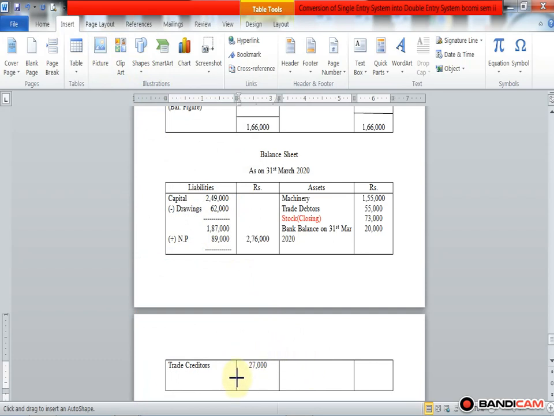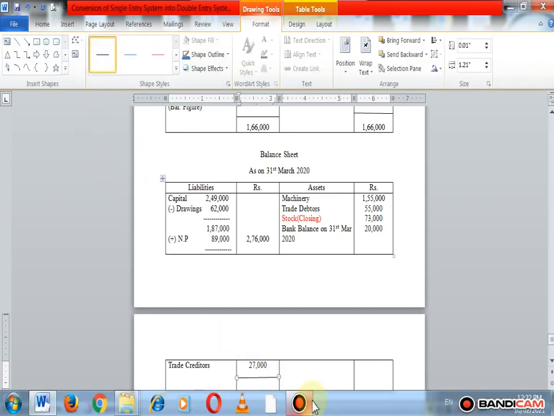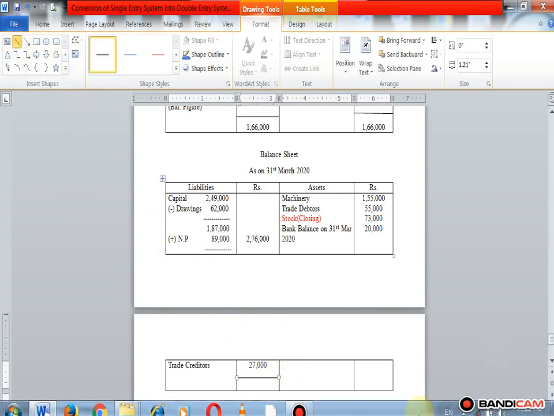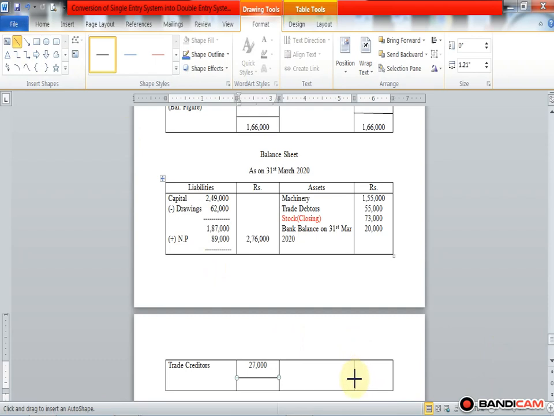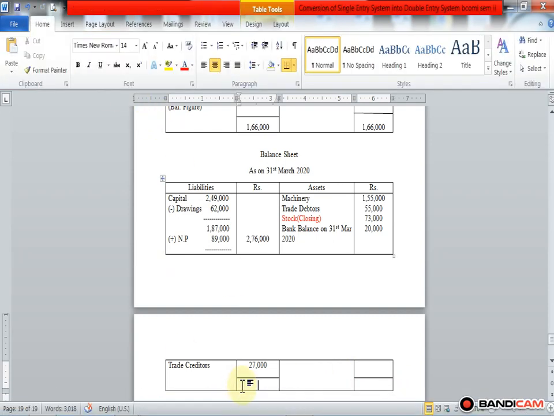It means our solution is correct, amounted to rupees 3,03,000.